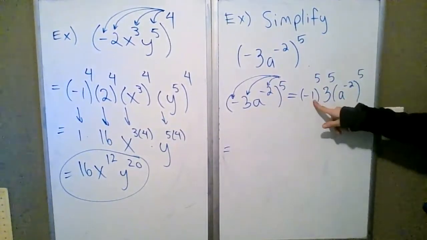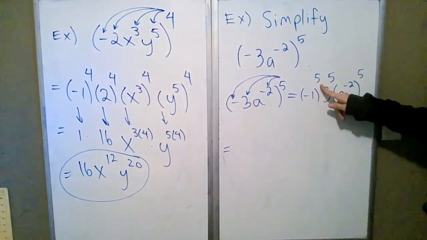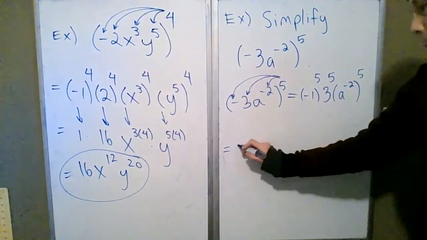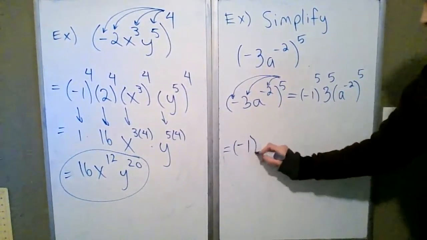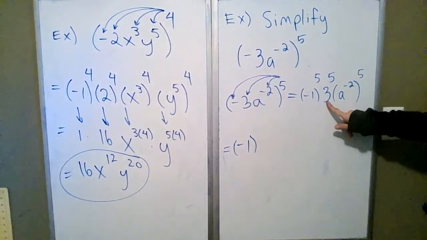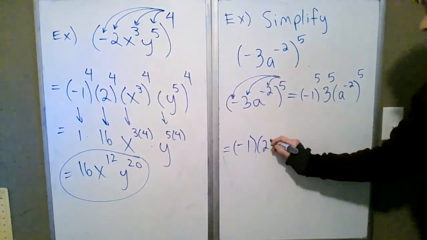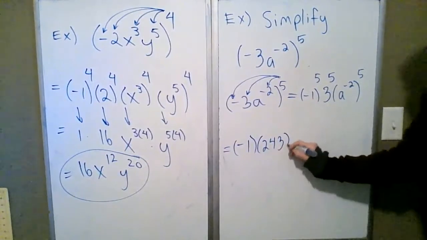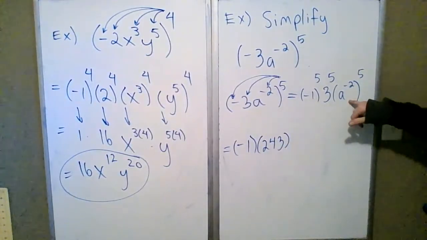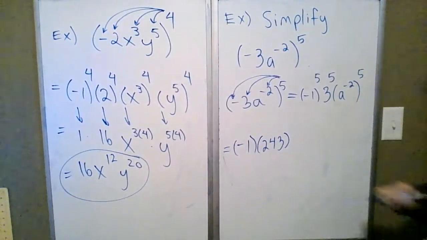Negative 1 with an odd power is negative 1. 3 to the 5th is 243. A to a power of -2 times 5 is -10.